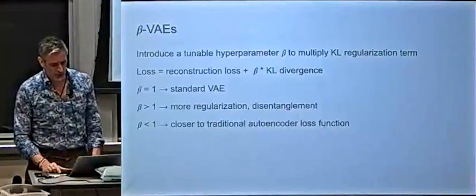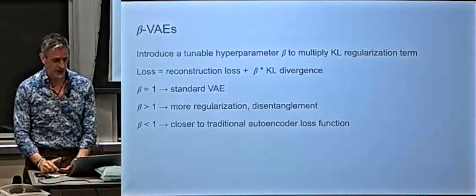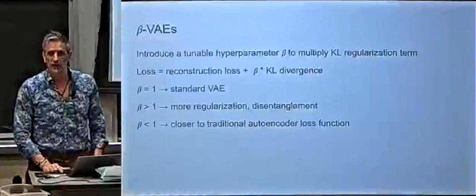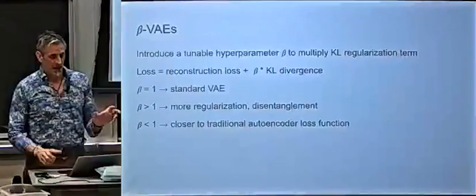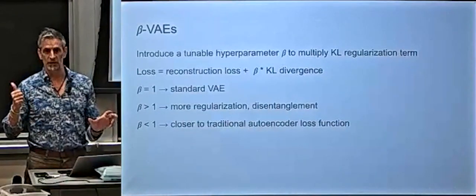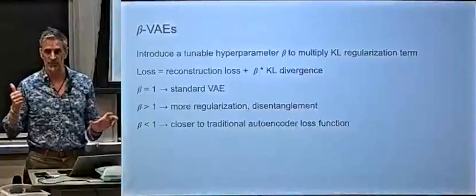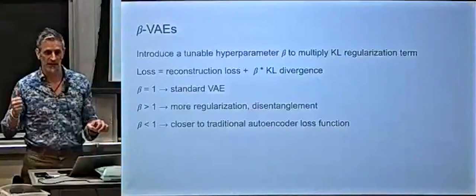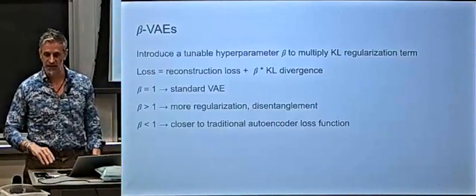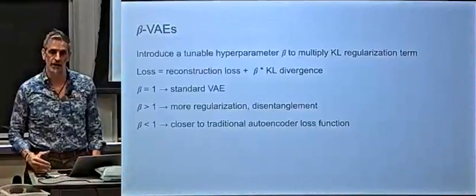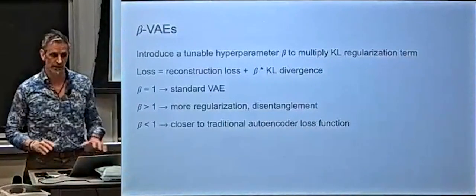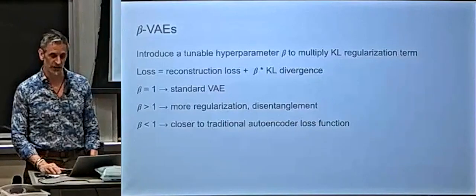But what we can do, and what ends up being pretty useful, is say, well, what if it wasn't 1? What if we took our reconstruction loss, and then amped up the KL divergence factor? We made adhering to the prior even more important than we stated initially.